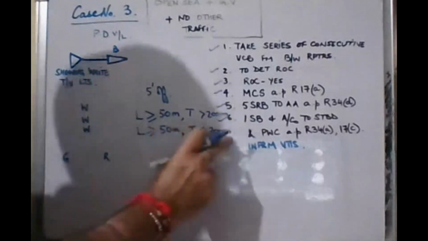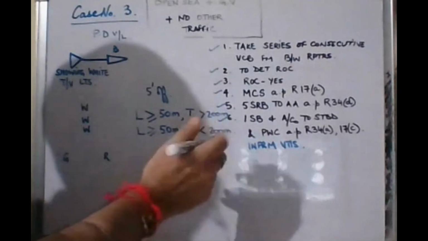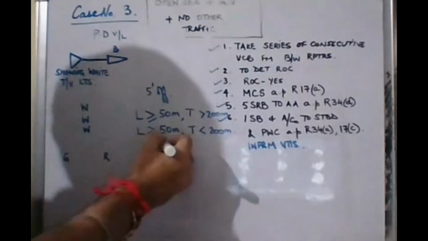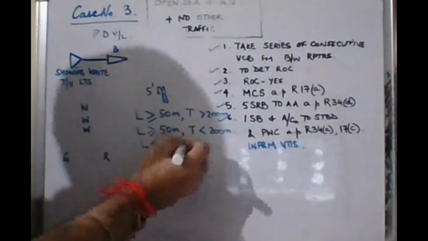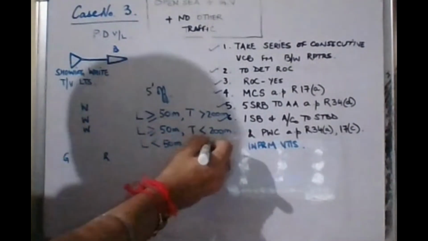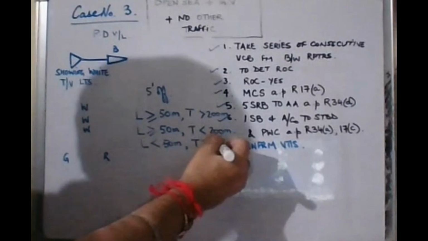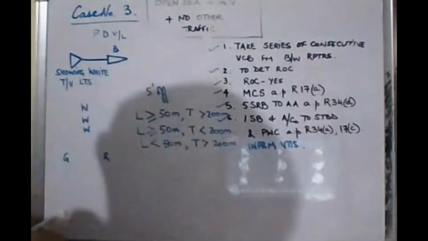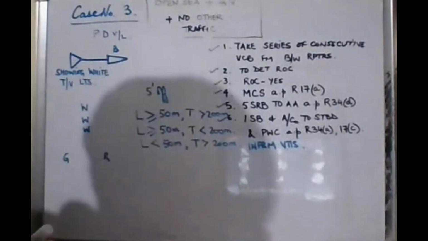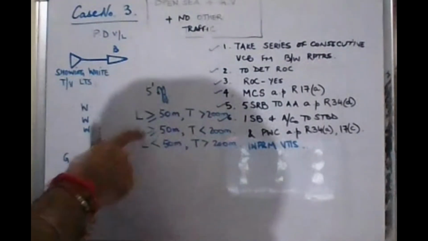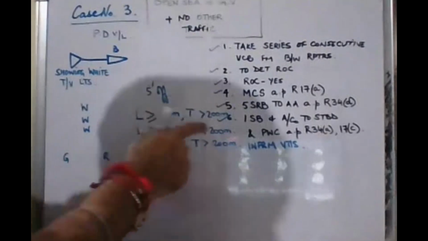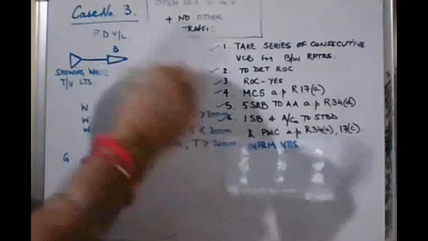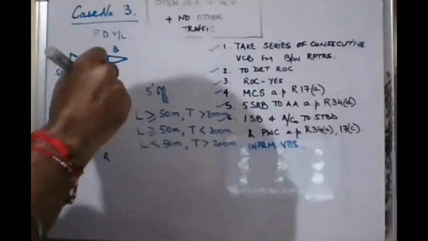Length of the tow less than 200 meters. Can this be another option? Yes, sir. Length less than 50 meters, length of tow more than 200 meters. Correct. Absolutely right. So there are two choices which exist: length probably 50 meters or more, tow less than 200, or length less than 50, tow more than 200.